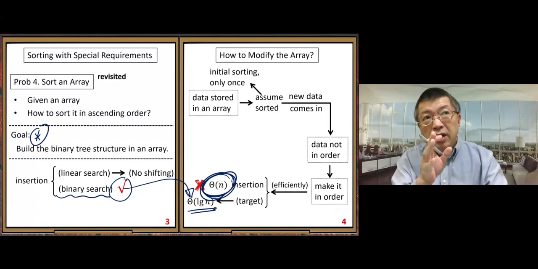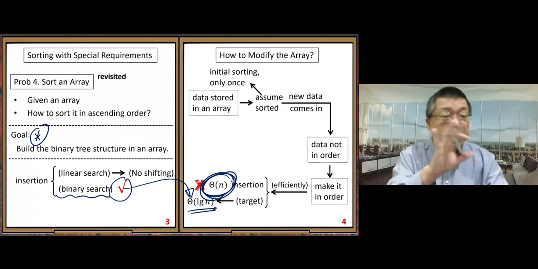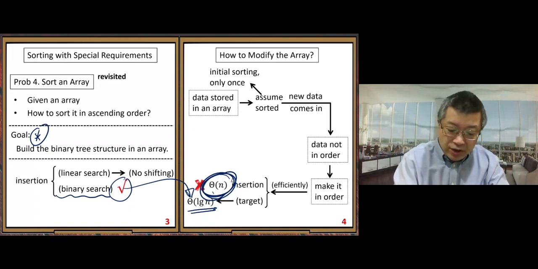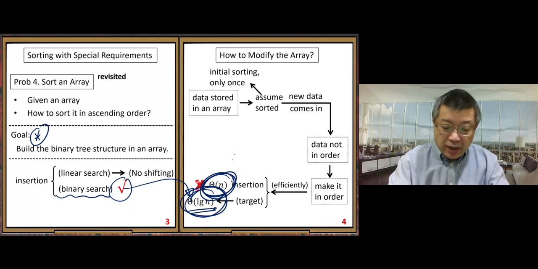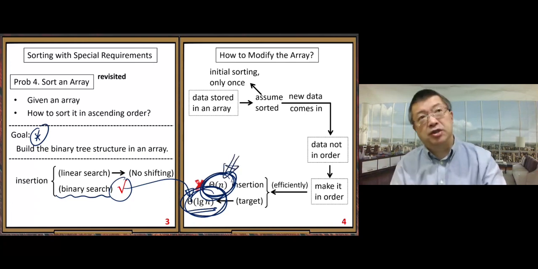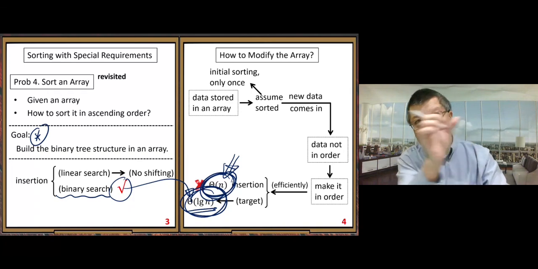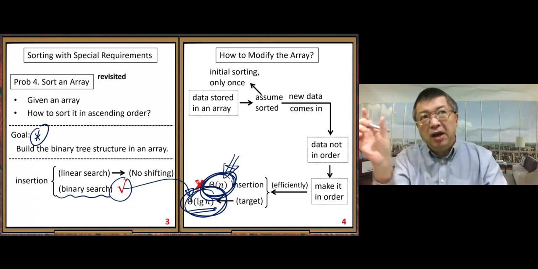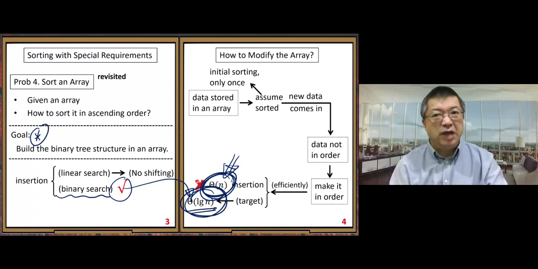We definitely need to do some adjustment and some element arrangement. We need to pay some cost, but we don't want to pay that much. That's why I say no shifting, because when you do shifting, it is very likely you get big theta of n cost. That's too expensive.